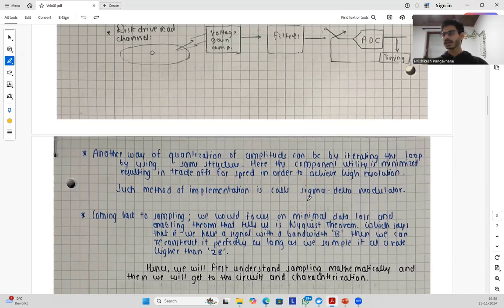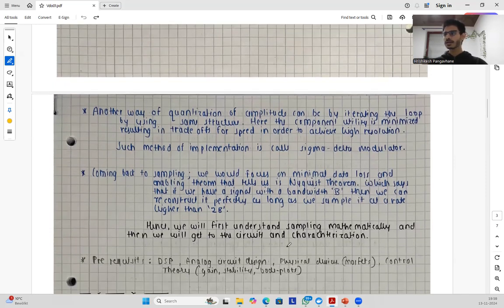Hence, we will first understand sampling mathematically, then get to the circuit level, and then get to the characterization. Characterization is basically acknowledging all the non-idealities. So that's how our flow will be. And as we discussed, the tools we will need are digital signal processing, analog circuit design, and physical devices or MOSFETs.